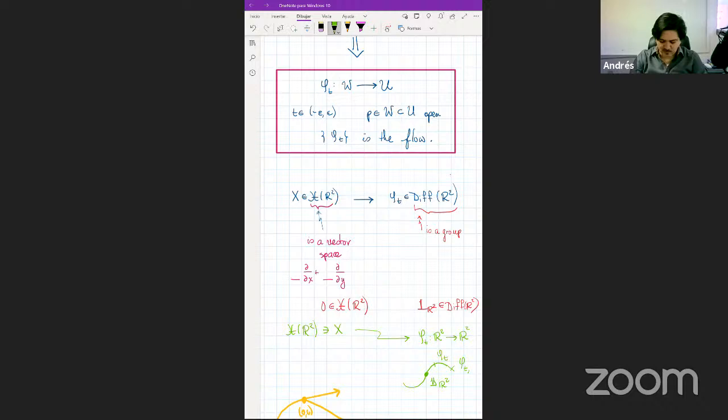And basically what you were doing is you found a path such that at the identity, the derivative is the given vector field. That's exactly what you were doing. That's why the result only cares about some epsilons.